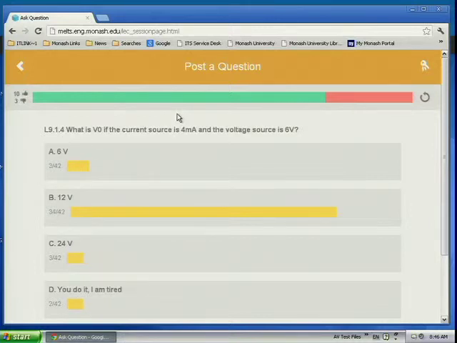If I double the current source and I double the voltage source, what happens to voltage V0? Or what happens, in fact, to any voltage or current in the circuit?